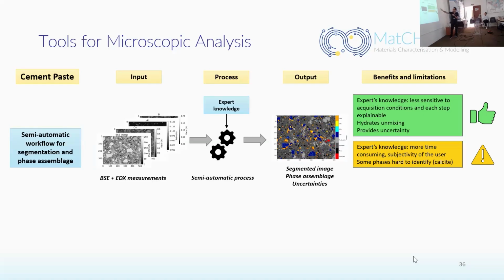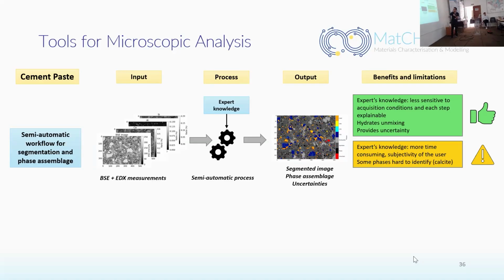So actually, this tool is available with some data on the open repository. The benefit is that by using this expert knowledge, it is less sensitive to acquisition conditions because the expert can also mitigate the possible shift due to changes in acquisition conditions.